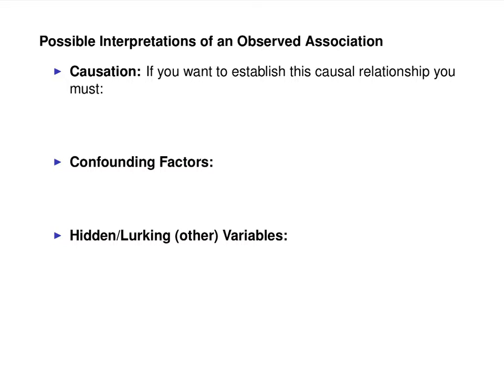Anyway, so moving on. If you want to establish some kind of causal relationship, the thing you must do is you must collect data using what's called a randomized experiment. And we'll talk more about those in a later chapter.